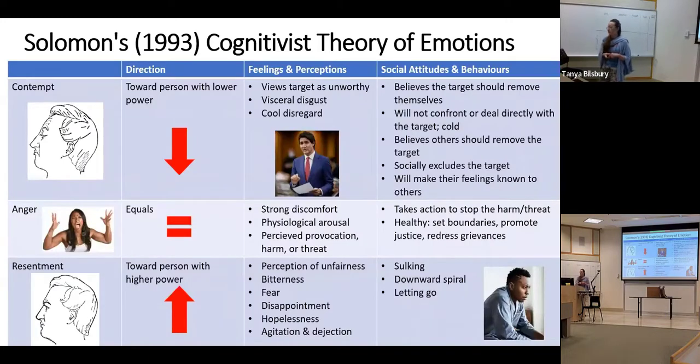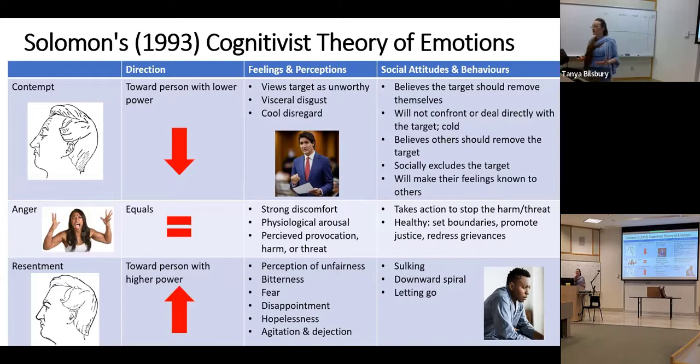In Solomon's cognitivist theory of emotions, anger is something that is expressed between equals, right? Maybe if you and your equal status friend are angry at each other, maybe you can yell at each other. Maybe you can get those feelings out. Maybe you can realize, oh shoot, I didn't realize I was violating this boundary I didn't know you had, right? Maybe it can be healthy.